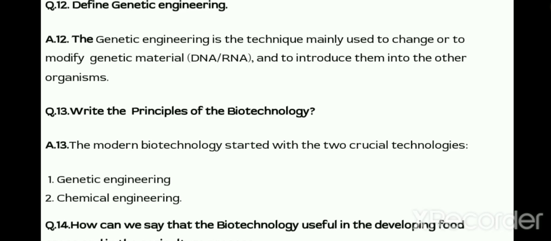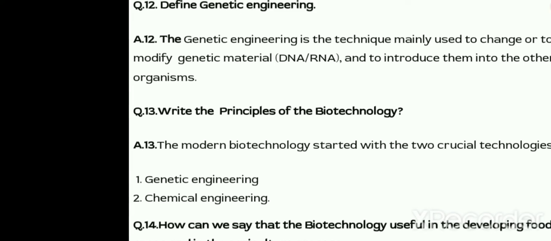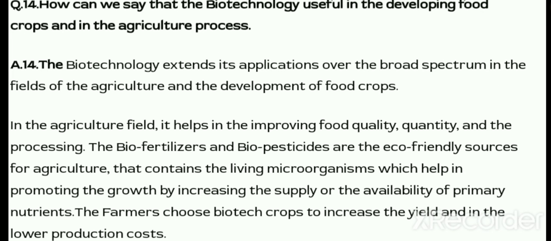Fourteenth question: how can we say that biotechnology is useful in developing food crops and in agricultural progress? Biotechnology extends its application over a broad spectrum in the field of agriculture and the development of food crops. In agriculture, it helps in improving food quality, quantity, and processing.